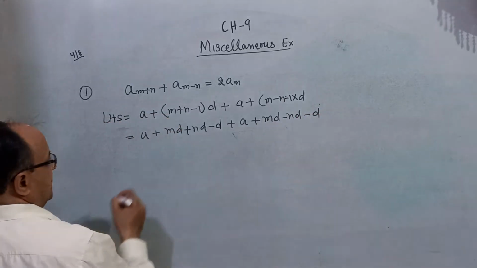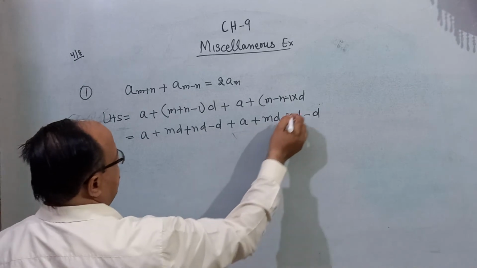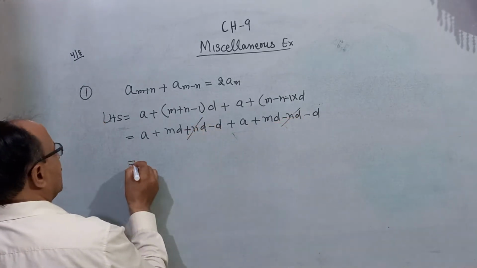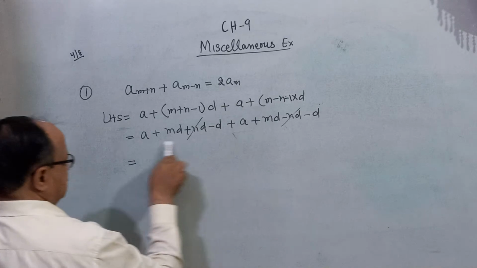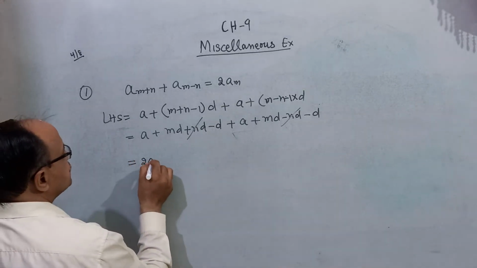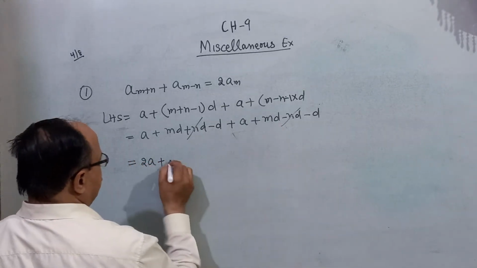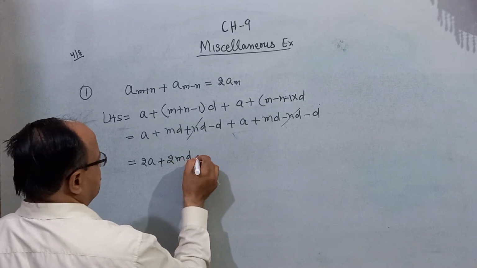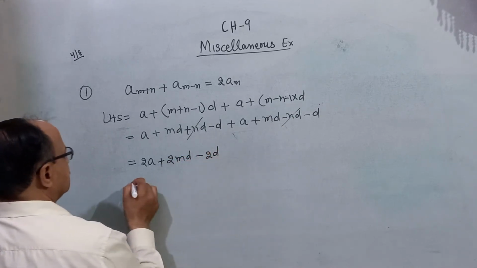Correct? Now the nd terms cancel, and a plus a is 2a, md plus md is 2md, minus 2d.